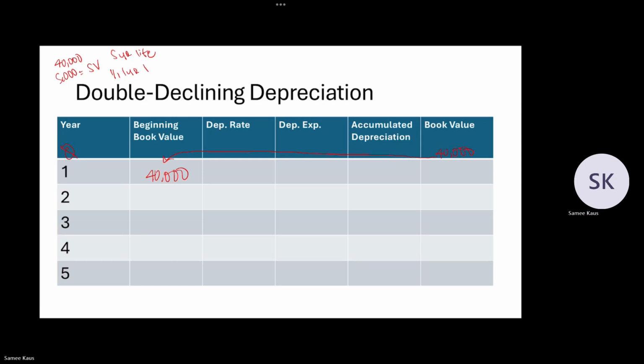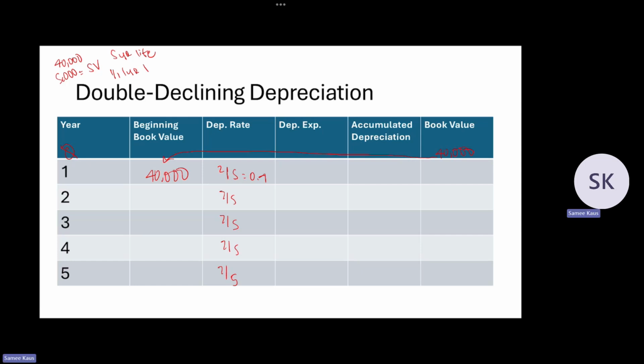Now, under double declining, I have a depreciation rate of 2 over my estimated service life of 5. That's going to be the same every single year. That never changes. So you could think about this as 2 over 5, or as 0.4.